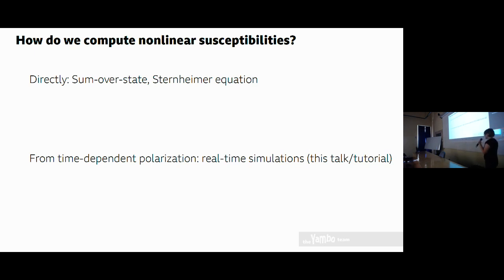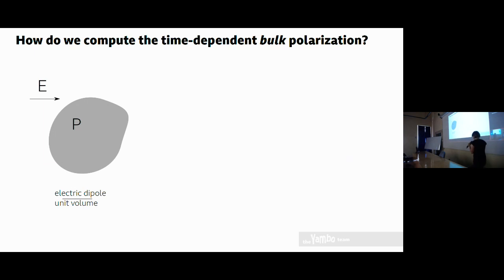I will explain later what the main advantages are, even though of course there are also disadvantages with respect to the direct approach. So how do we compute the time-dependent polarization?